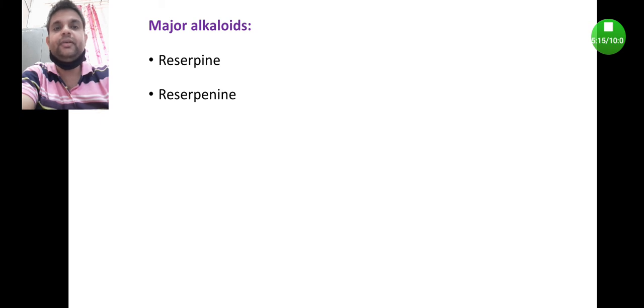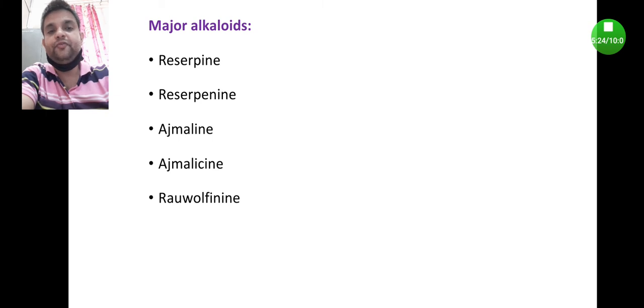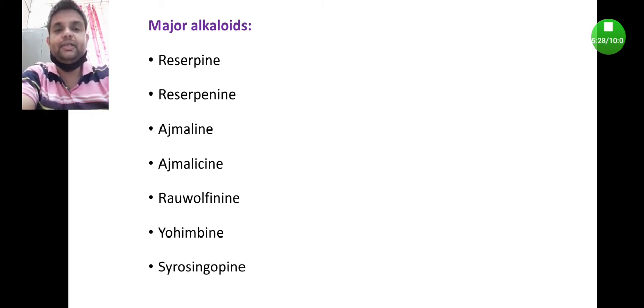Out of these, reserpine is one of the very important alkaloids. Reserpine, reserpinine, ajmaline, ajmalicine, rauwolfinine, yohimbine, then serpentine. So these are the various indole alkaloids present in Rauwolfia.